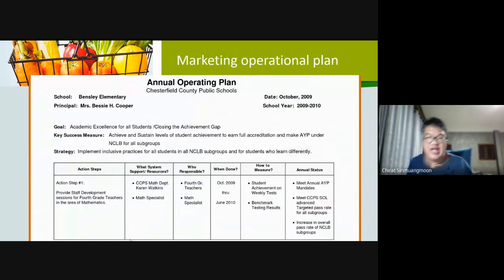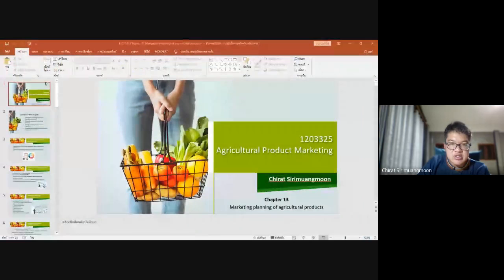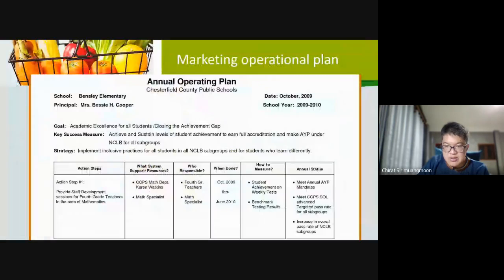The first one is an annual operating plan. What I need you to think about is, first, there is some person in charge right now. So you need to put the name here. Then what are the goals? See, they follow with the goals. They have the strategies, and the operational plan is just actions.